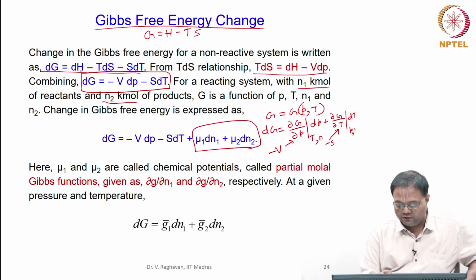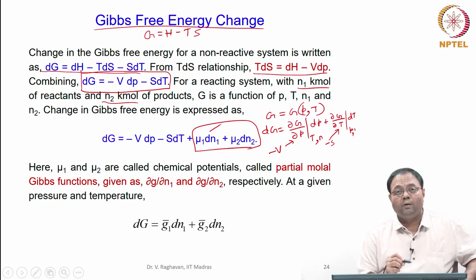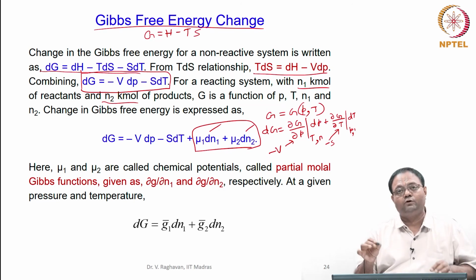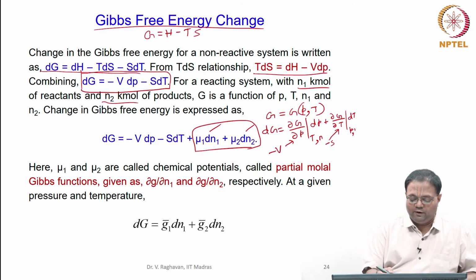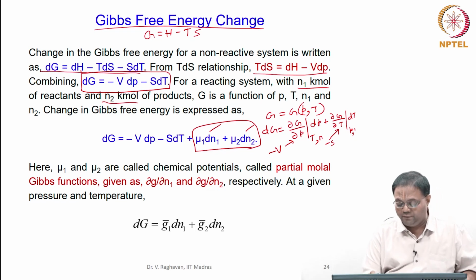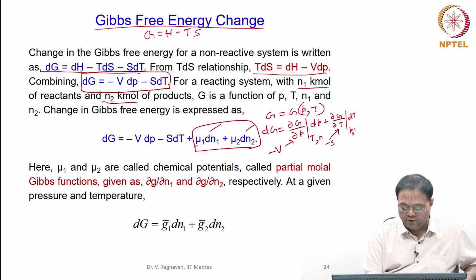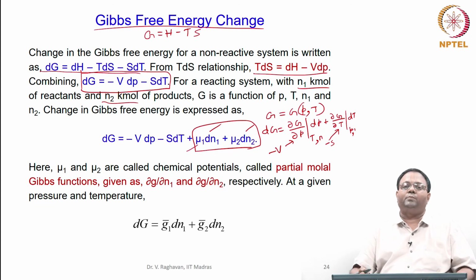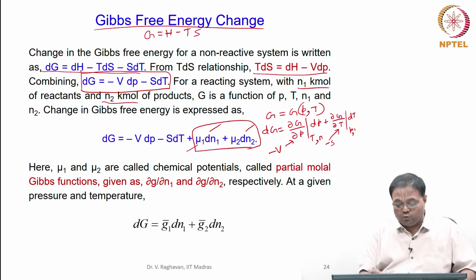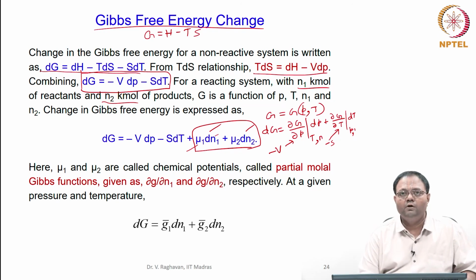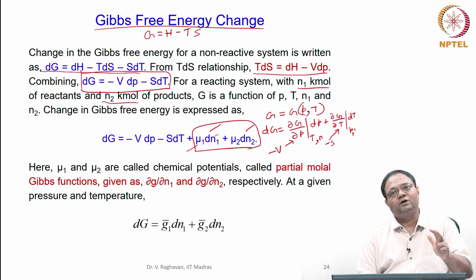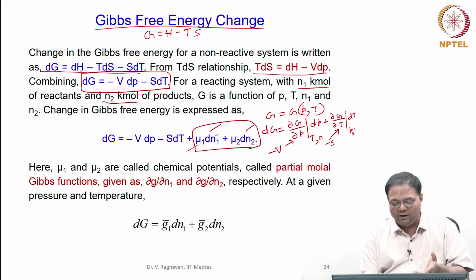So now the change in the number of moles of the reactants is dn1, and the change in the number of moles of products is dn2. Now you have to suitably multiply. Since here, minus V corresponds to dou G by dou P at constant T, similarly mu1 will correspond to the partial change of G with respect to n1 when temperature, pressure and n2 are constant.